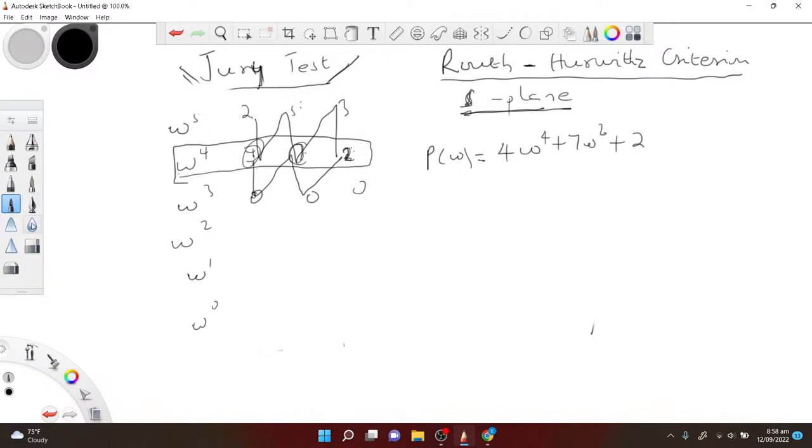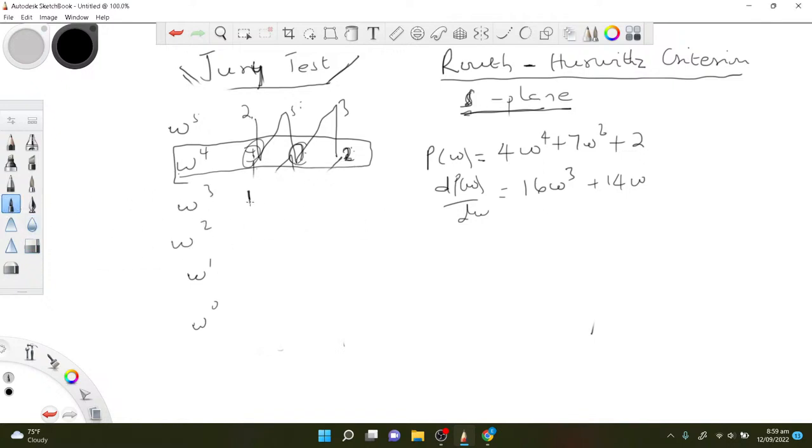Then we already have these numbers. This is what we want. To get odd numbers from even numbers, we differentiate this guy. So differentiate, you get 16 omega cube plus 14 omega. Then you come and replace this row of zeros.